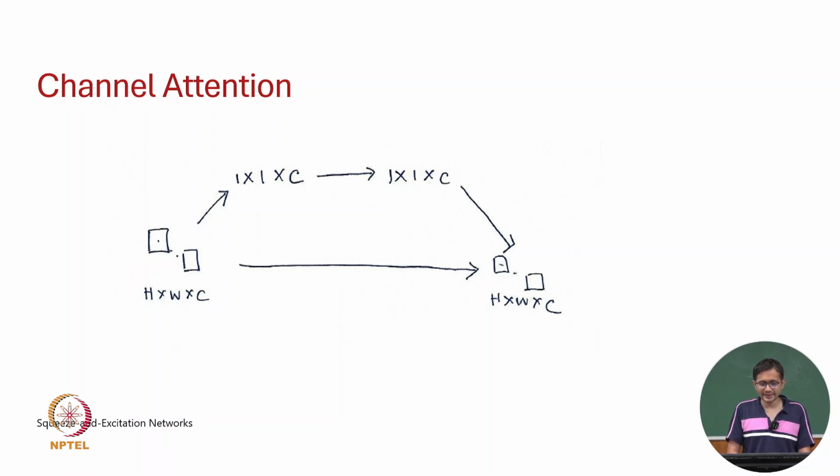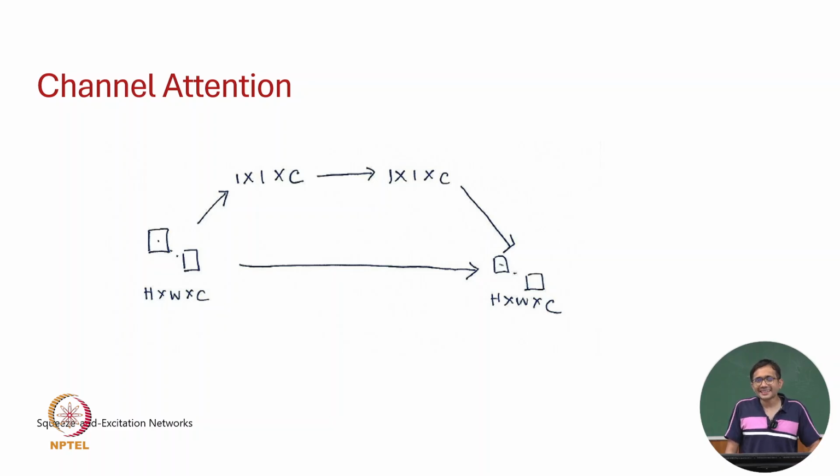So how to get this 1 cross 1 cross C, which can be multiplied? We can go from the input H cross W cross C to 1 cross 1 cross C in 2 steps. H cross W cross C, to 1 cross 1 cross C, to again 1 cross 1 cross C. So what are these 2 steps doing? In the first step, we are interested to summarize. We want to collapse the spatial dimension and keep only the channel dimension.